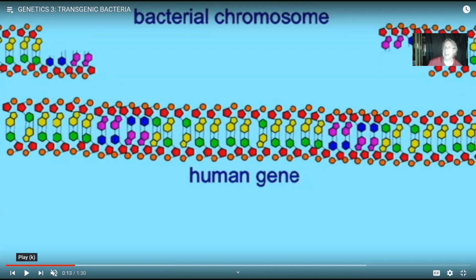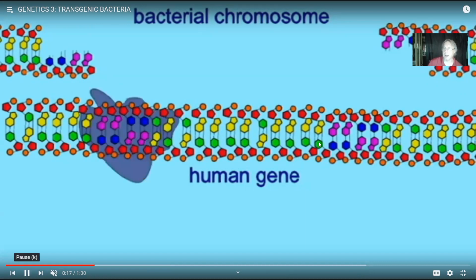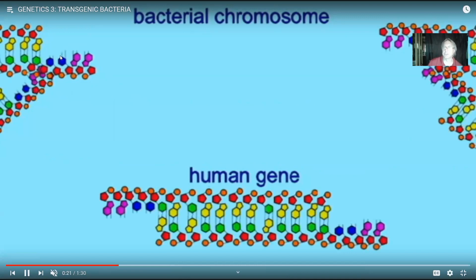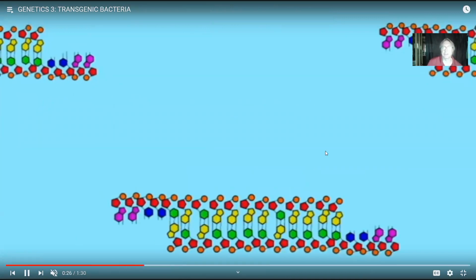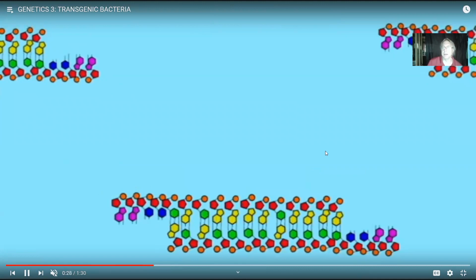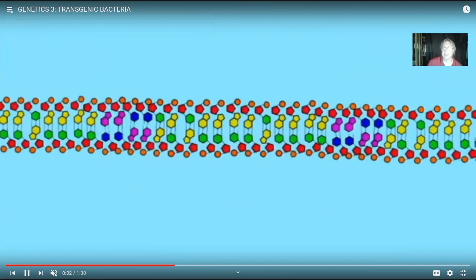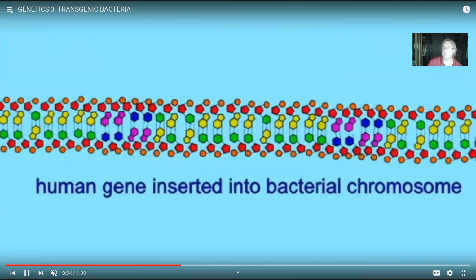If you cut a human gene with the same restriction endonuclease, you can then insert it here, because DNA is just DNA. It doesn't care. It's just looking for adenines and thymines to bind to. This bacterial chromosome doesn't care that the complementary nucleotides came from a human gene.